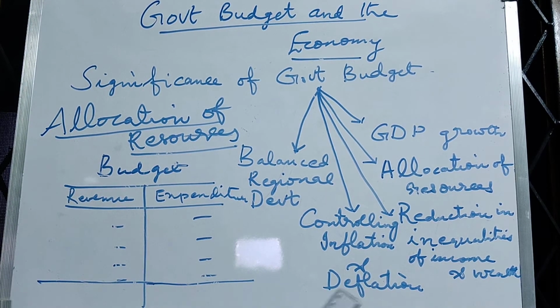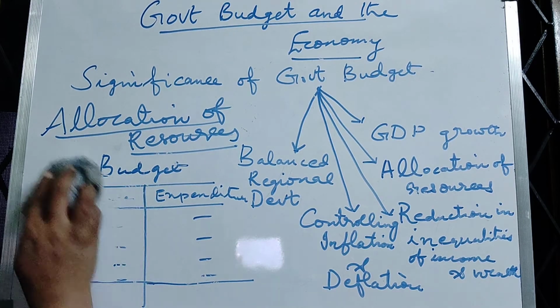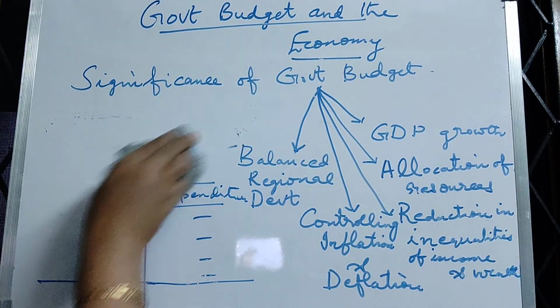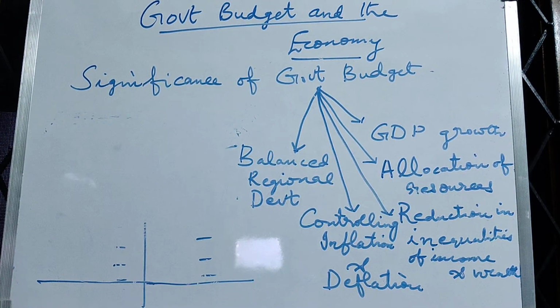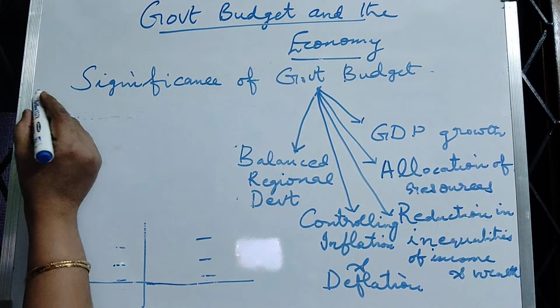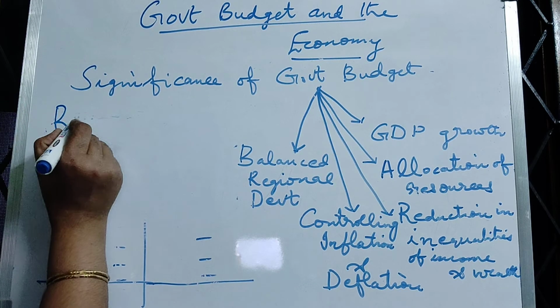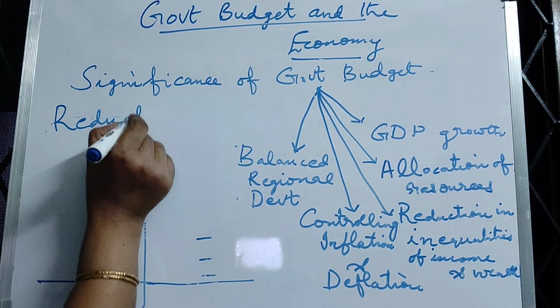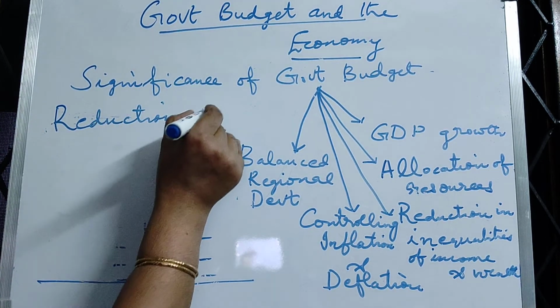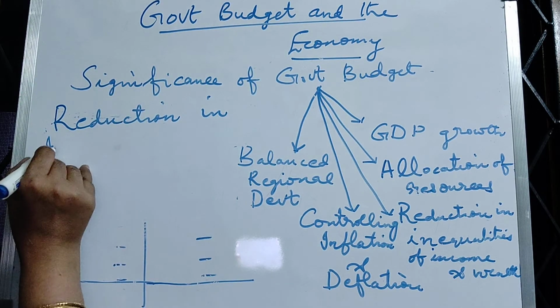Now, the third objective or significance of government budget is this. What is that? You can see it. It is reduction in the inequalities of income and wealth. That is, by preparing the budget, the inequalities in income and wealth can be reduced.